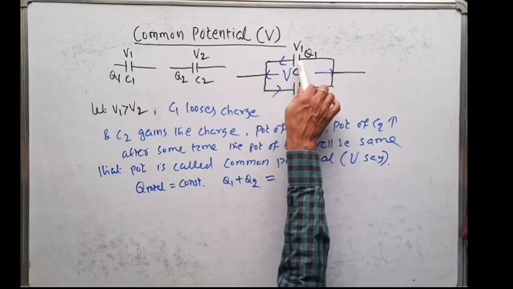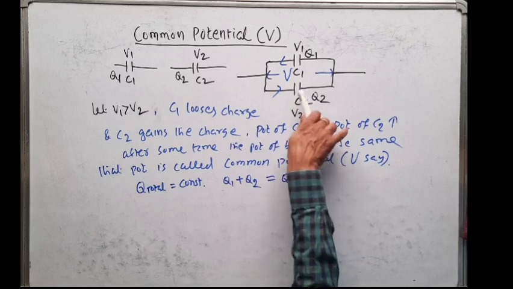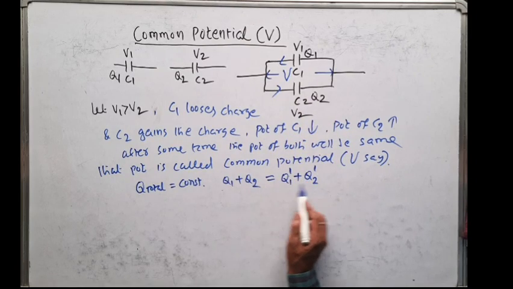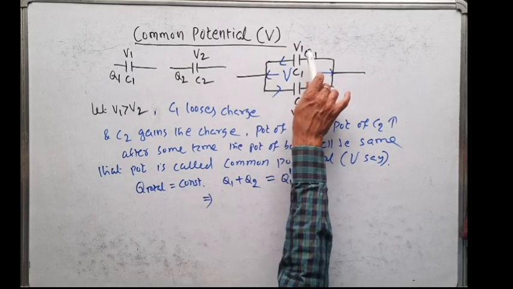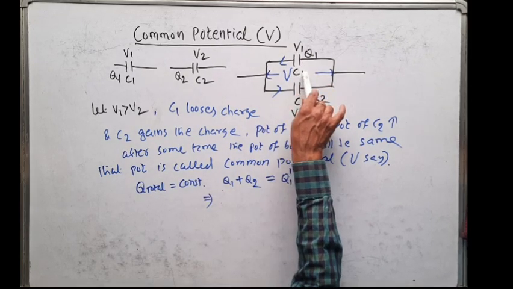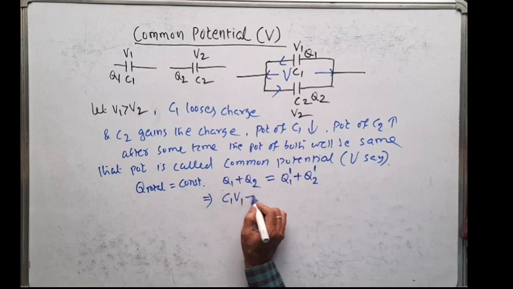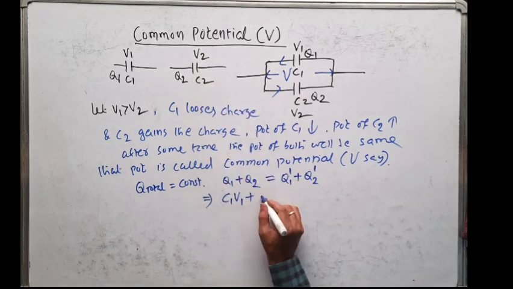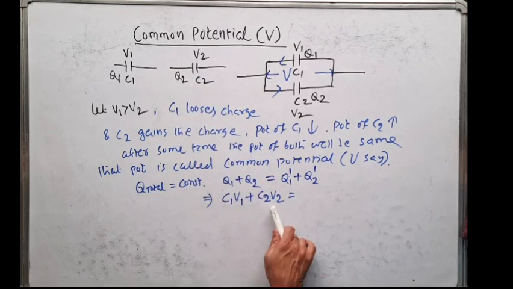Let the capacitor C1 possess Q1 dash charge, and capacitor 2 possess Q2 dash charge. So charge remains constant. Then what is Q1? Capacitance is C1, voltage is V1. So you know Q is equal to CV. So Q1 is equal to C1 into V1 plus what is Q2? Q2 is equal to C2 into V2. That is before connection, this is the total charge.